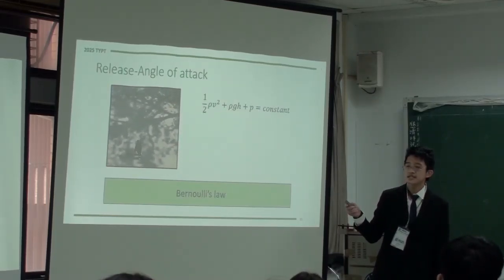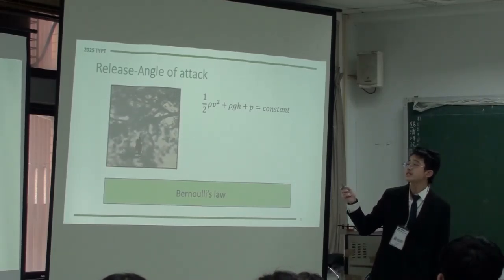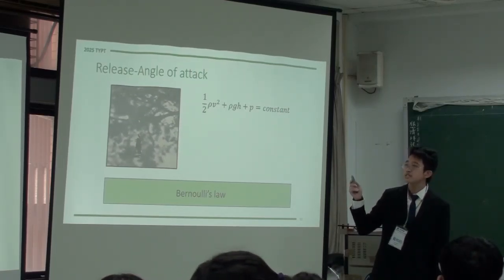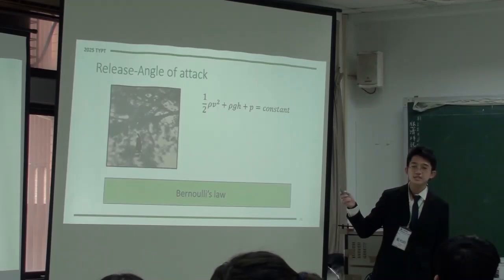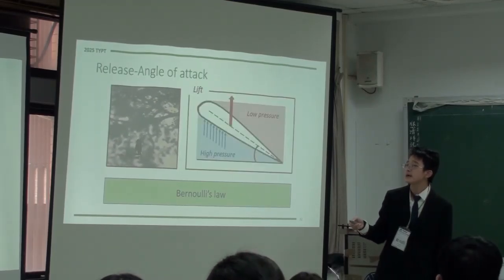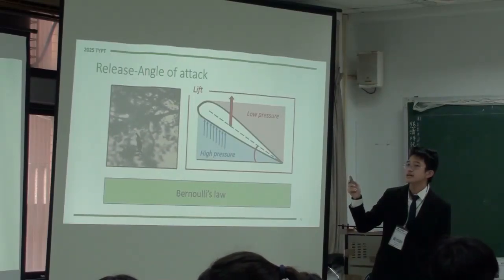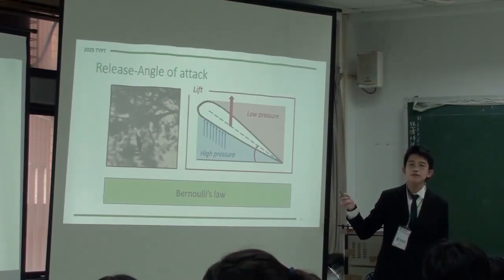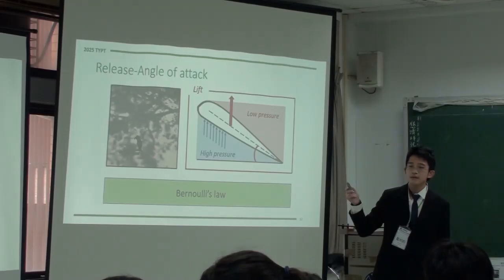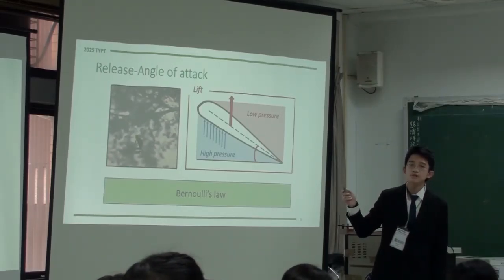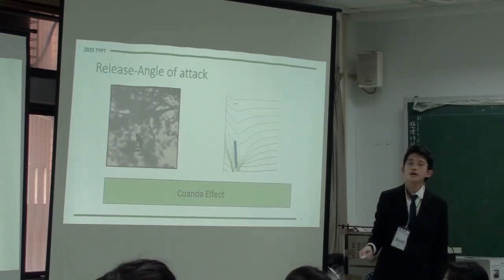Next, about Bernoulli's law. In the formula, we can see that the greater the velocity, the lower the pressure. Due to this, the pressure above the boomerang is low and below the boomerang is high, and the pressure difference produces lift.